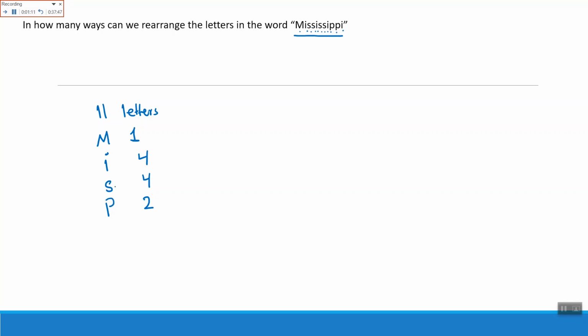It's the same thing. So the answer is going to be 11 choose 1, 4, 4, 2. And this is going to be 11 factorial over 1 factorial times 4 factorial times 4 factorial times 2 factorial. And whatever the answer is, this should be your final answer.